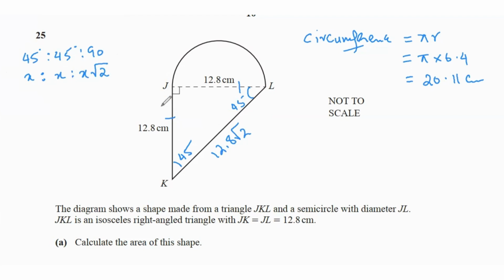Since x over here is 12.8, we multiply 12.8 with root 2 to find the value of KL. So perimeter would be 12.8 plus 12.8 root 2 plus 20.11, and that is equal to 51.01 centimeters. That is your final answer.